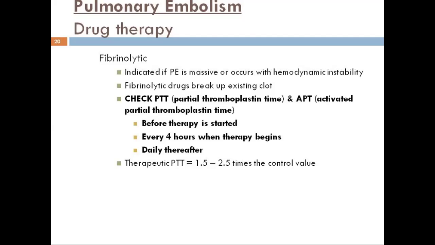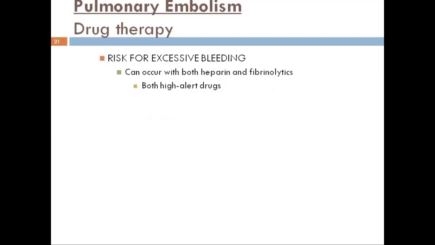Now the therapeutic partial thromboplastin time should be between 1.5 to 2.5 times the control value. Okay, that is what we want to aim for.